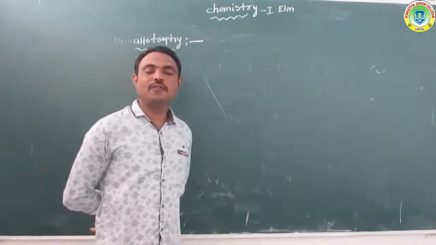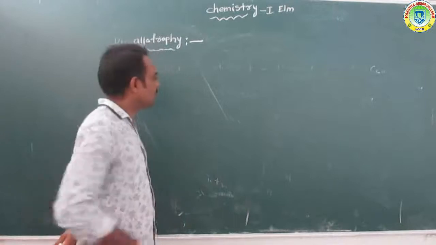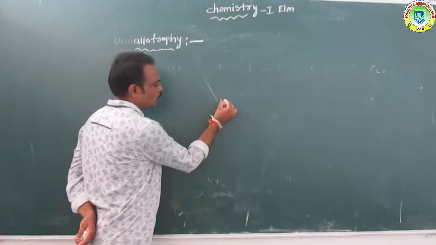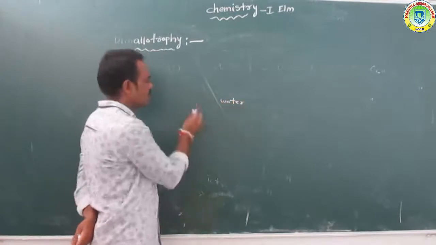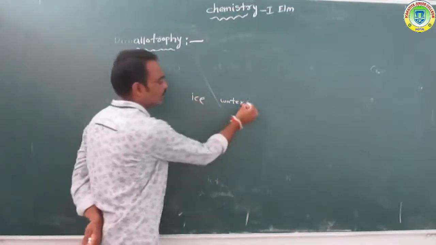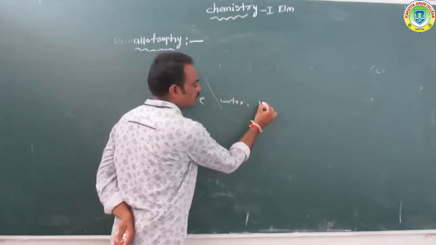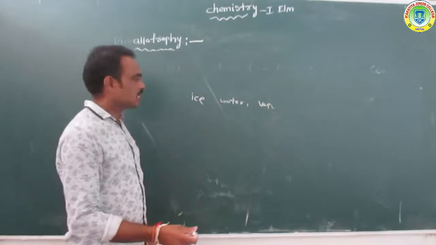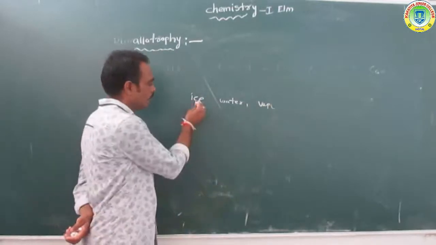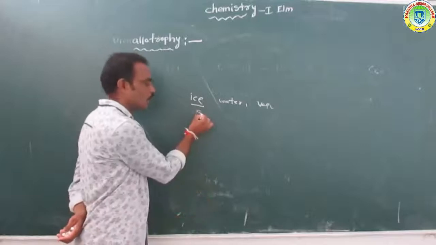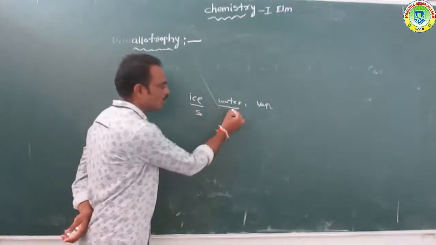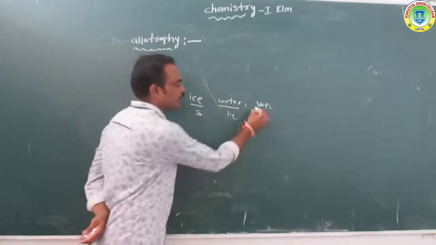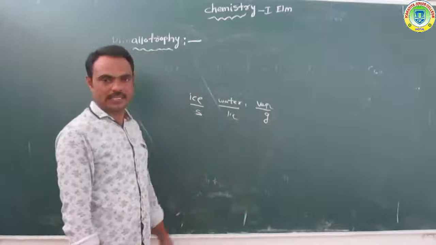Next, we discuss allotropy. What is the meaning of allotropy? Suppose for example, water: ice, water, and water vapor or steam. Ice is available in solid state, water in liquid state, steam or water vapor in gaseous state.